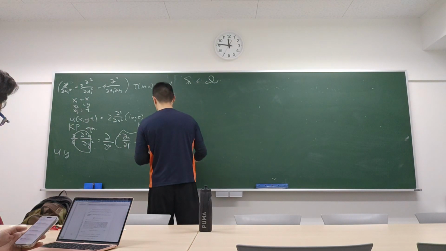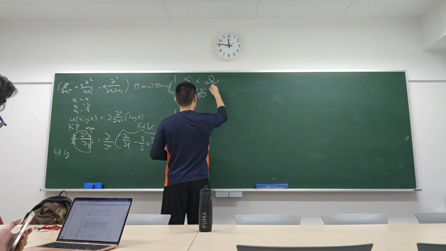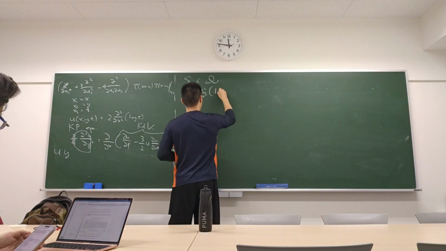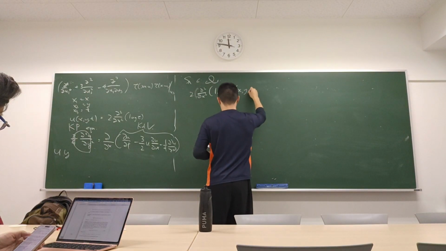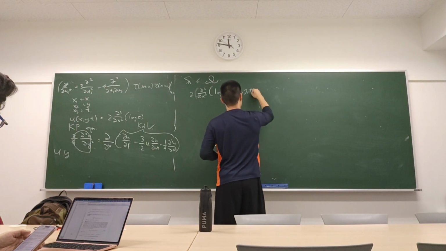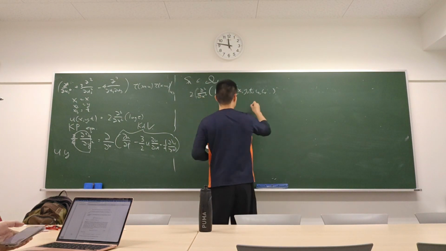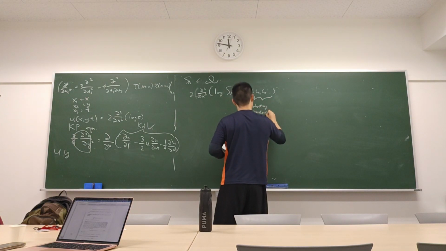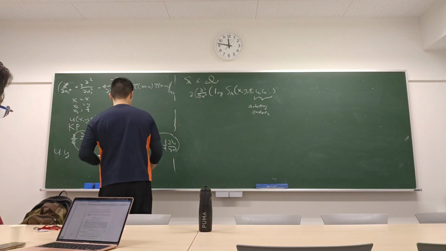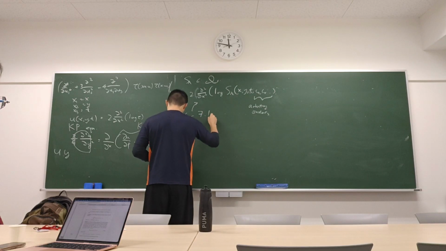And so one particular solution would then be 2 del squared over del x squared log of S lambda of y, t, C4, C5, and so on, where these are arbitrary constants. So this is a solution, and this is known as this Corollary 7.1.